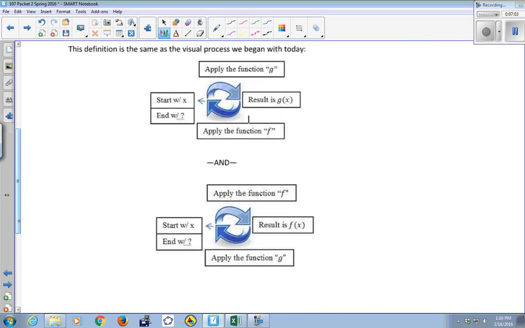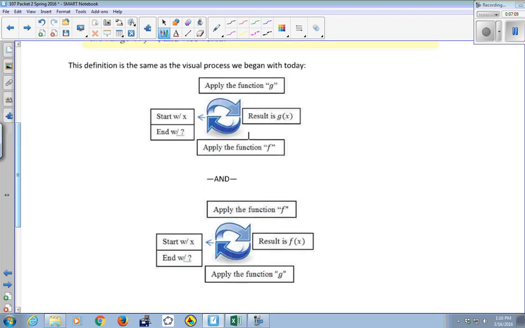This is the same as the visual process we began with in the preview exercises, right? So if you start with an x, if you apply g, your result is g of x. Then you apply f, you want to end with x again. Okay. So I like to call that a round trip. That means that f and g are inverse functions. They undo each other.